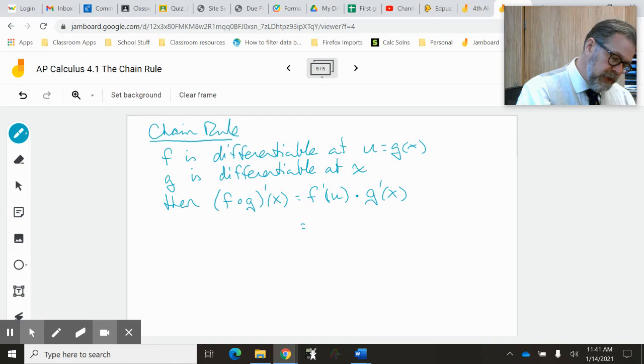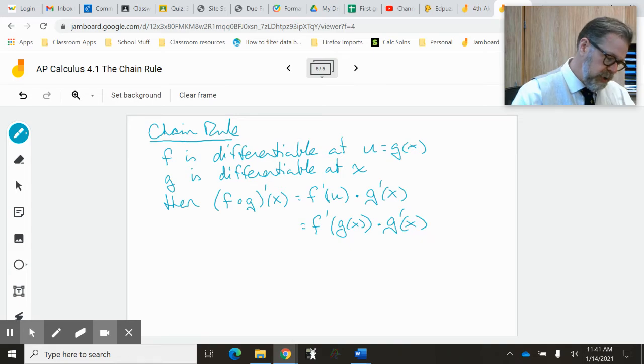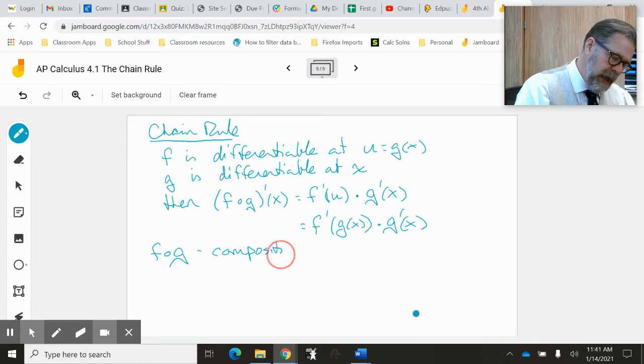So extending this a little bit further, we get the derivative of f with respect to g of x times the derivative of g with respect to x. Notation very quickly, f dot g means just a composition function, and another way to write that is f of g of x.